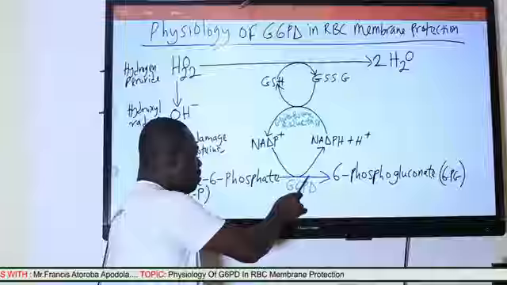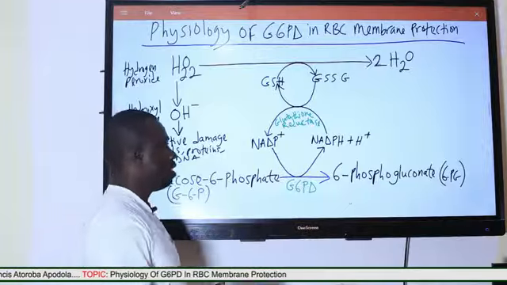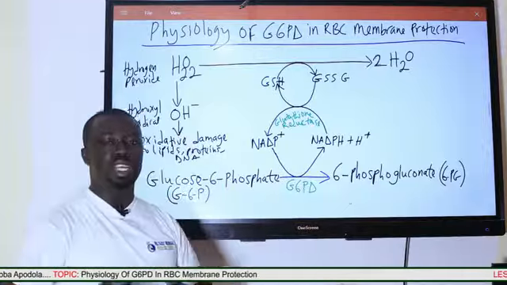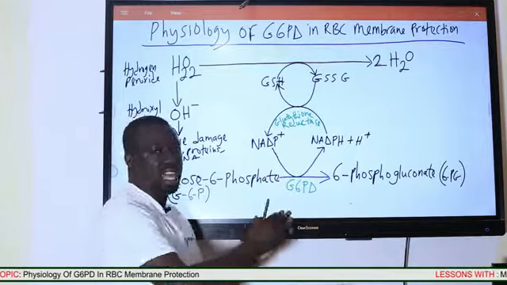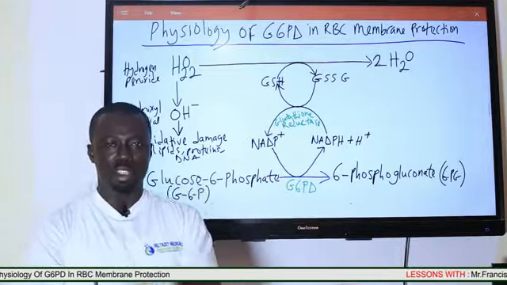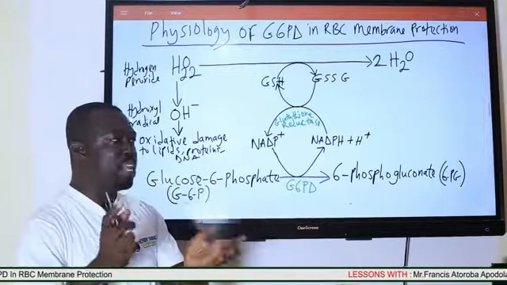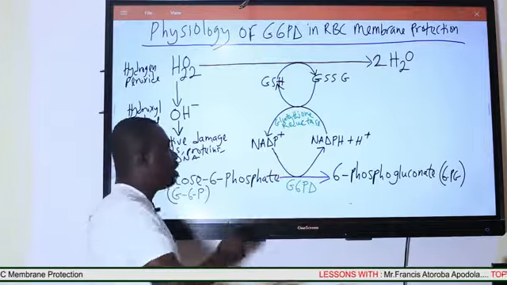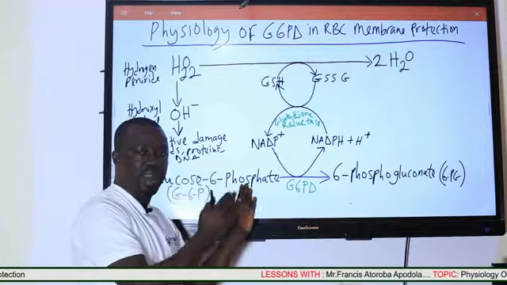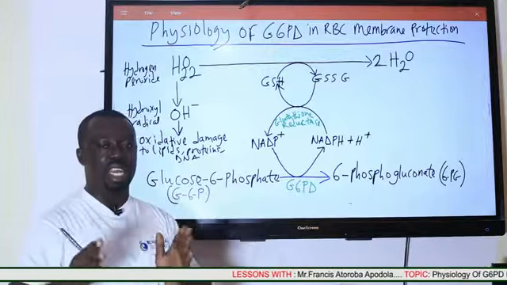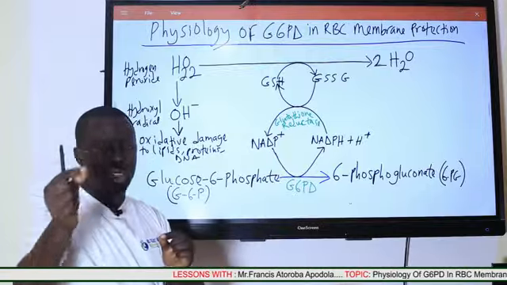Having looked at how the enzyme name has been established, we know that the enzyme is catalyzing a dehydrogenation reaction, which means that there is going to be the removal of hydrogen atoms. And that implies that there must be a species to accept these hydrogen atoms. That brings us to the species called NADP+, that is nicotinamide adenine dinucleotide phosphate. Once you see the plus, it symbolizes oxidized.